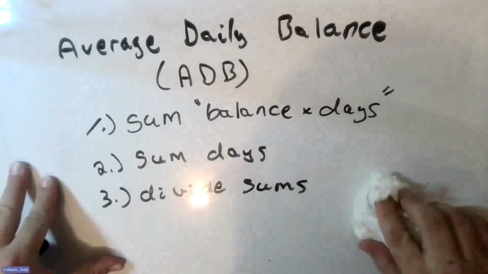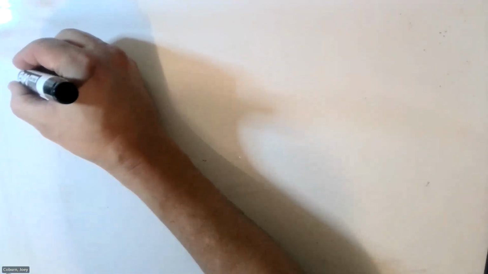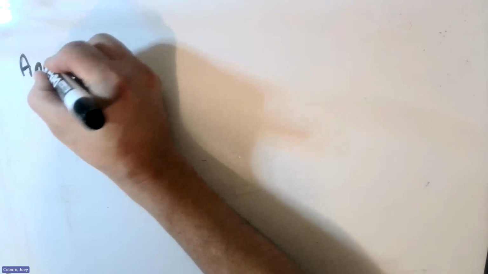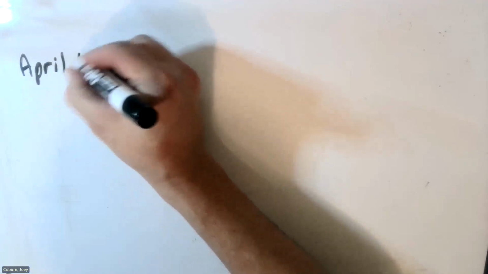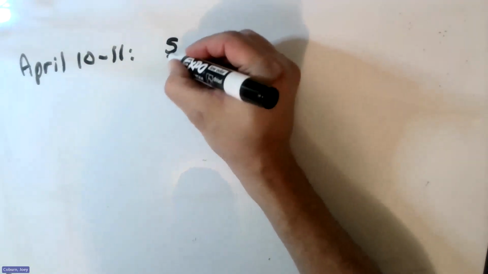So, for example, let's say we have something like this. What I'll do, I'll use the example from page 647 in the text. I'll go over it. So we have from April 10 to 11, each of those days, the balance is $300.